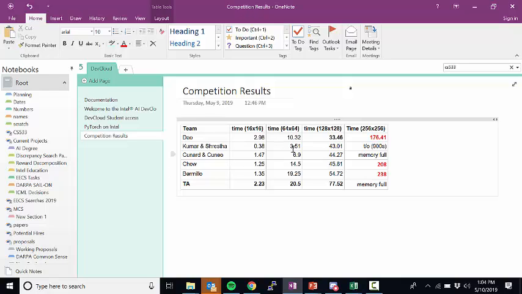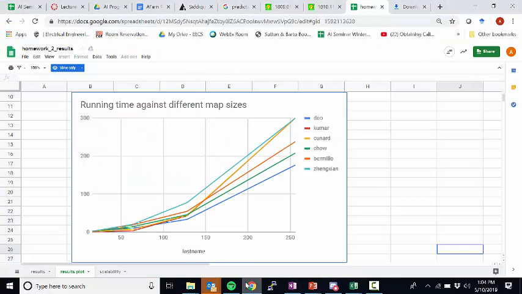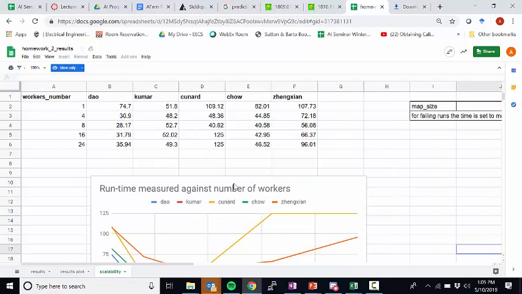We did. So these were all with 4 processors or 4 workers. We did a few experiments with more workers. This is the performance, but the scalability results were a little strange.